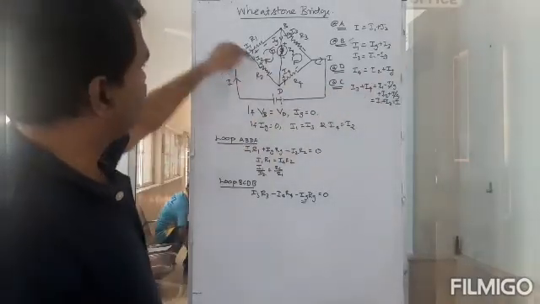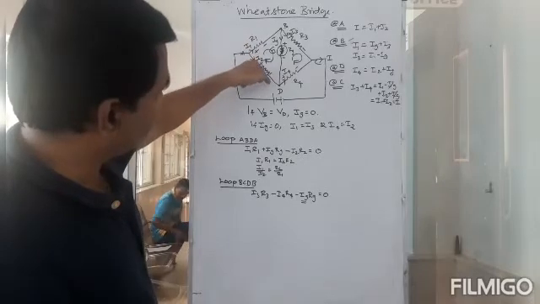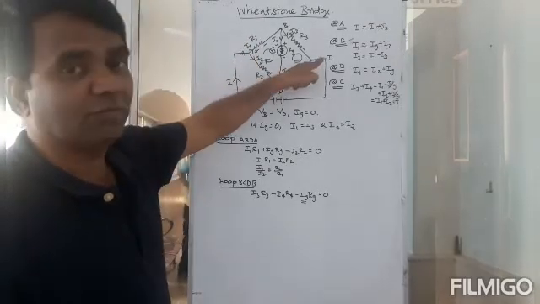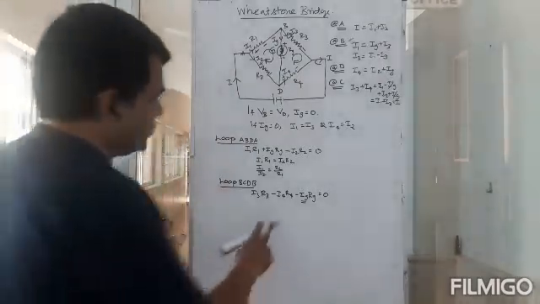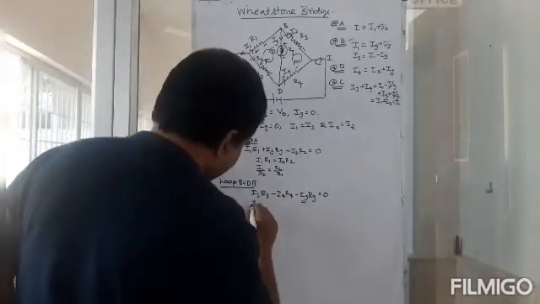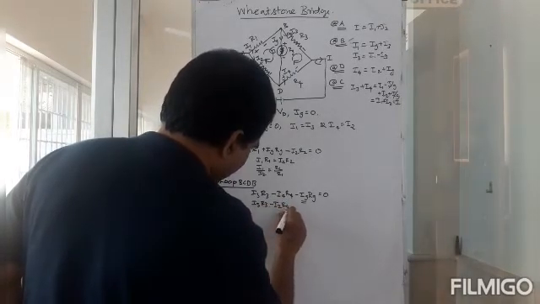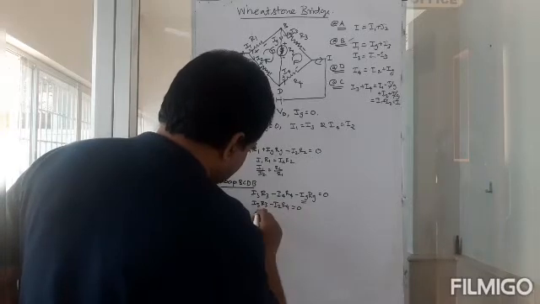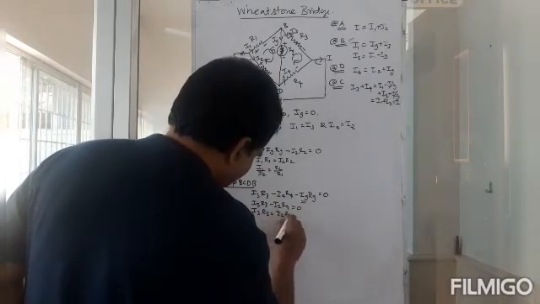What does it mean? If there is no current contribution here, then the I2 current that is coming here will flow through I4 only. There is no addition or subtraction of that current. So this will give me I3 R3 minus I2 R4 equal to 0, so I3 R3 is equal to I2 R4.